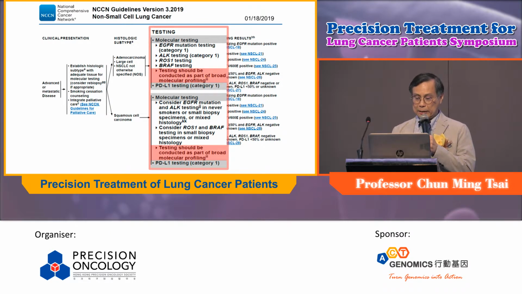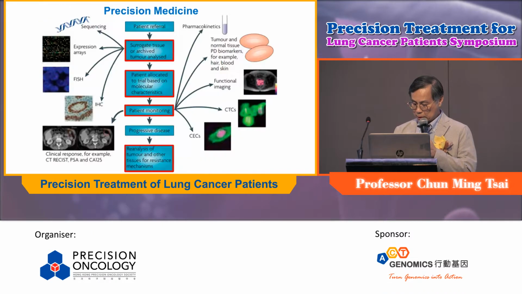But I highlight here in red that this guideline mentions that testing of the molecular genes should be conducted as part of a broad molecular profile. That's the spirit of precision medicine. So we should test them all together at one time.